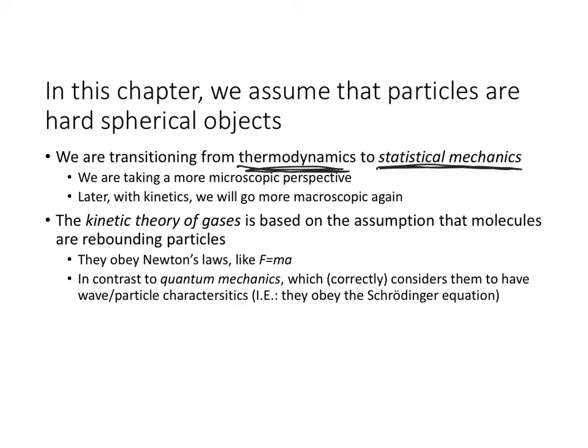Okay, here are the assumptions that we're going to make for chapter 16. We're going to assume that we're looking at a gas system composed of hard particles that are going to just bounce off each other when they collide. And in fact, quite often we can make the ideal gas assumption that the particles collide very little at all, and we'll make that assumption quite frequently.